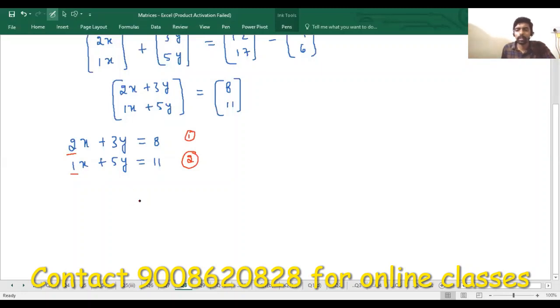You have studied simultaneous linear equation method in first PUC as well as in elementary school, right? So into 2 for which equation? To equation 1 or to equation 2? Yes, for the second equation. Multiply 2 to the second equation. So I'll write equation 1 as it is. I will subtract equation 2 multiplied by 2, correct?